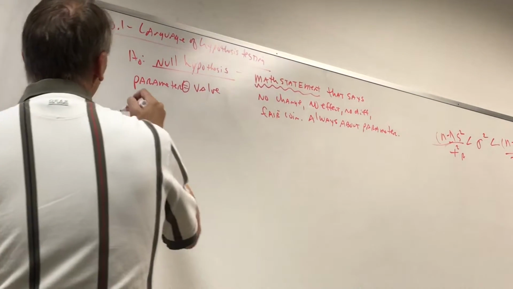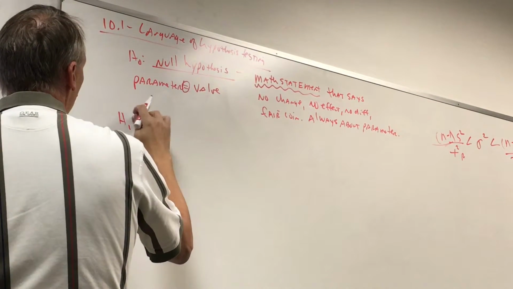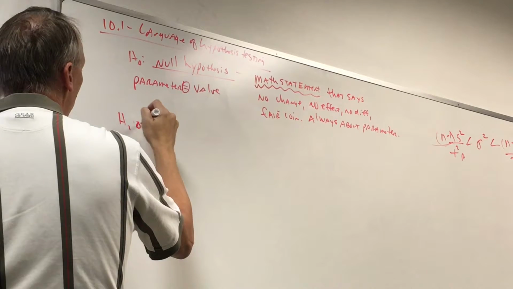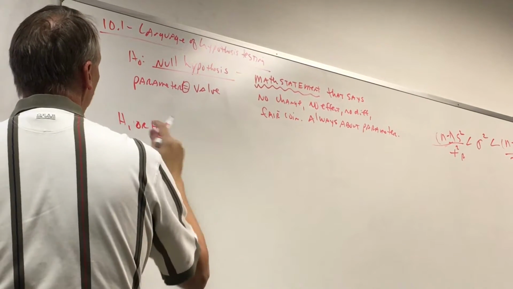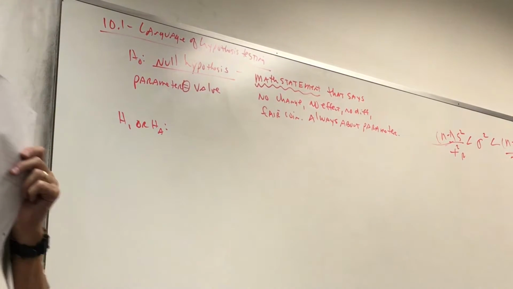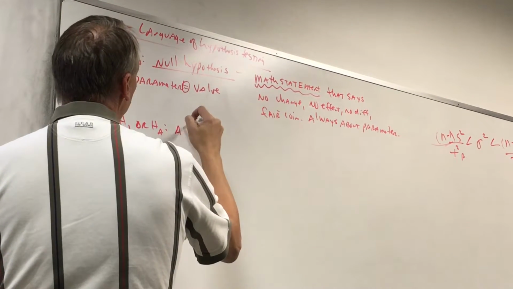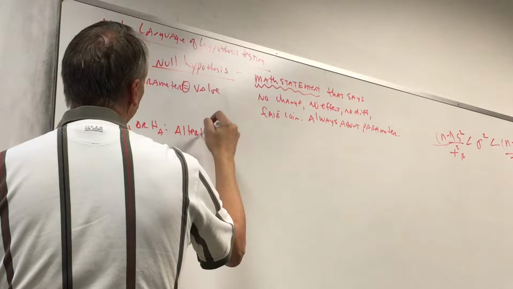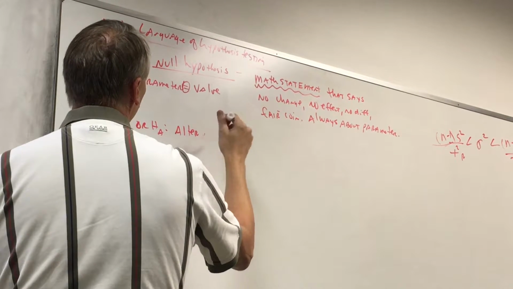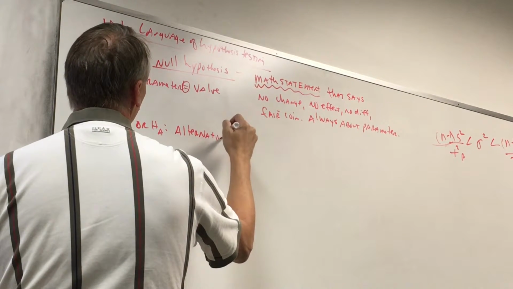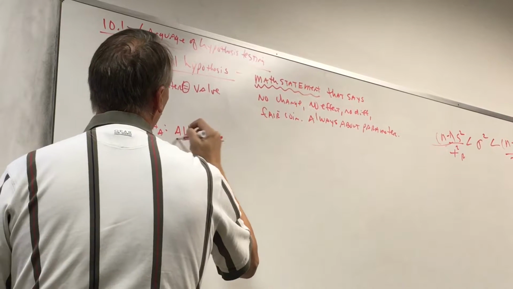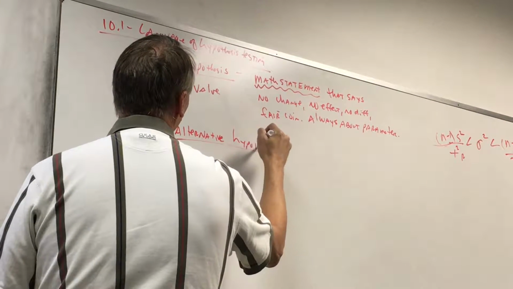Now, you can write the alternative as H1 or H sub A. I've seen it both ways in different books, and it doesn't really matter to me. That's what we refer to as the alternative hypothesis.